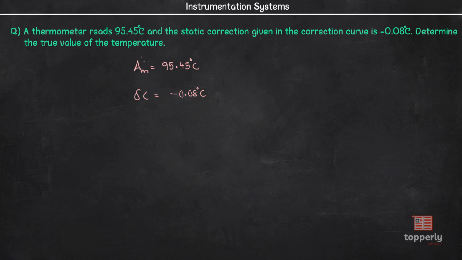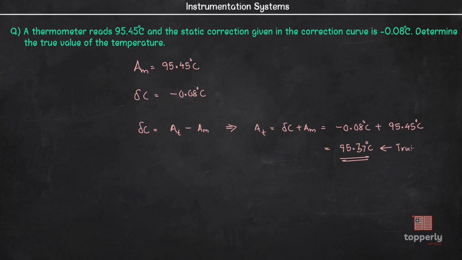We know the relation δC is equal to A true value minus A measured value, which gives us A true value is equal to δC plus AM, which is minus 0.08 degrees Celsius plus 95.45 degrees Celsius, which is equal to 95.37 degrees Celsius. Okay, so this is the true value of temperature.